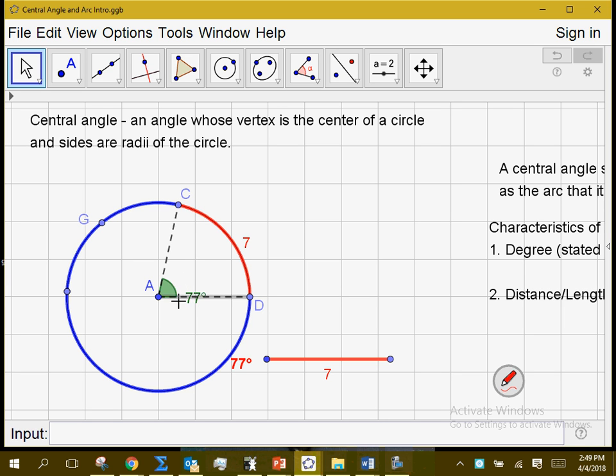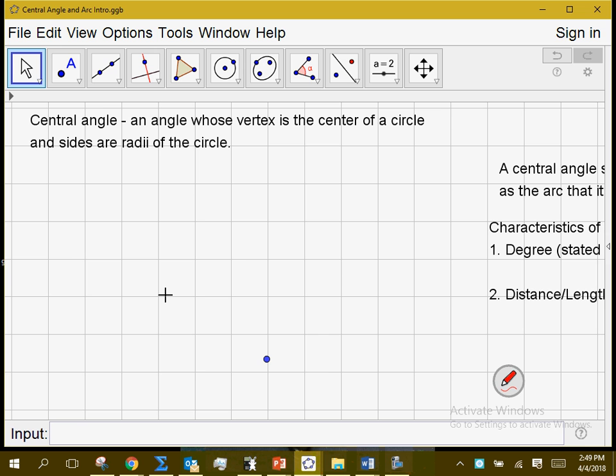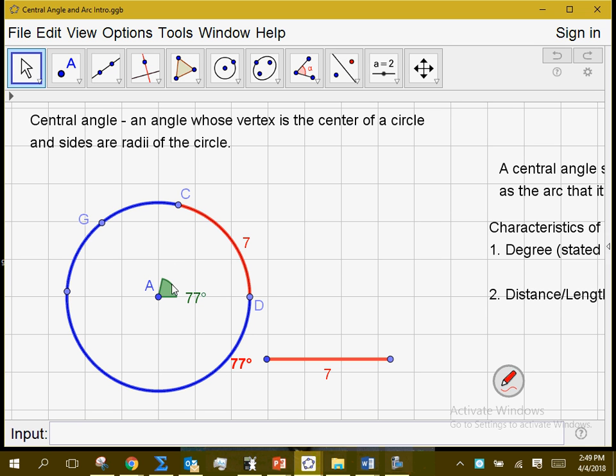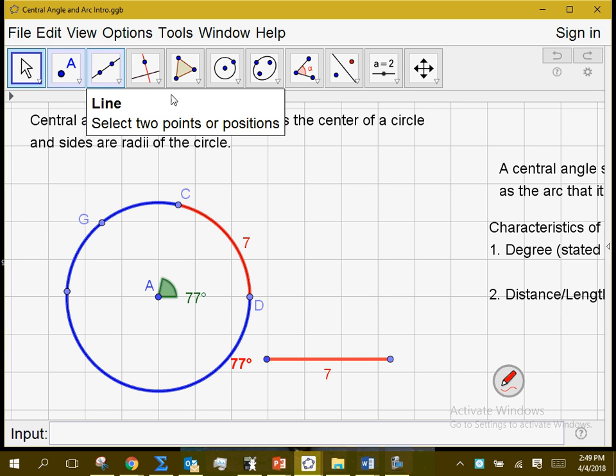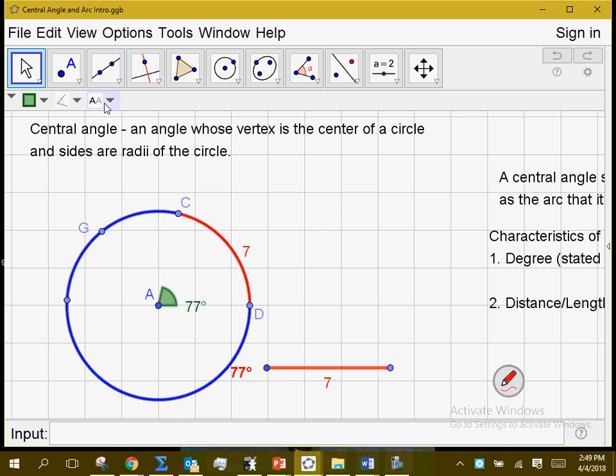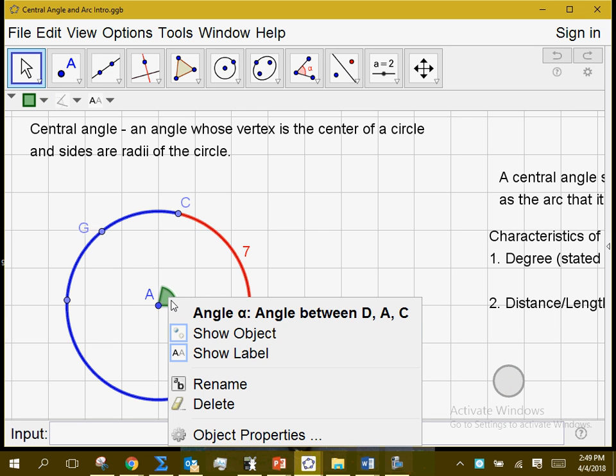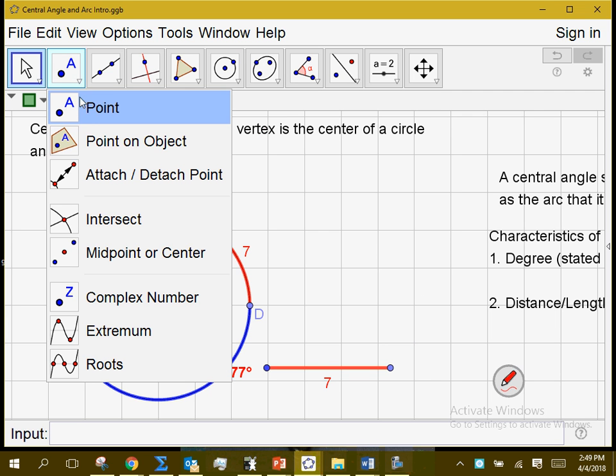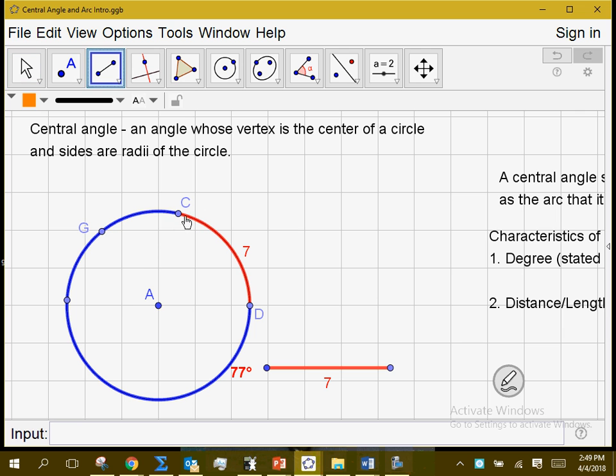What I need you to understand, that is not a central angle.